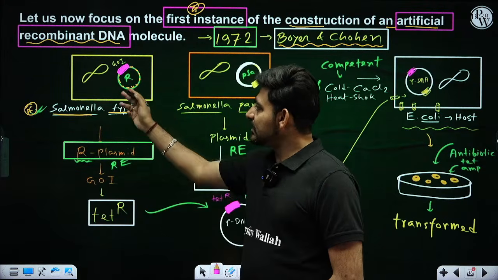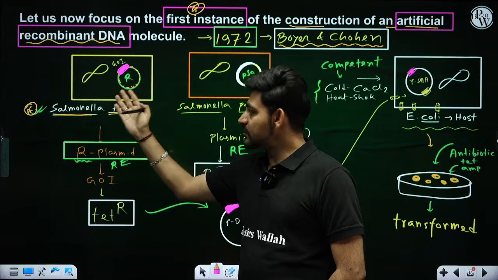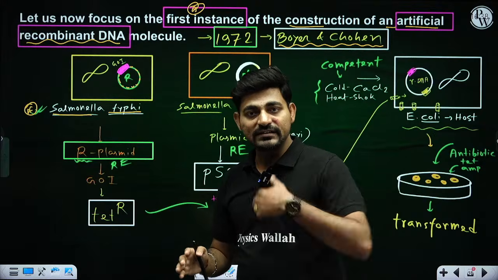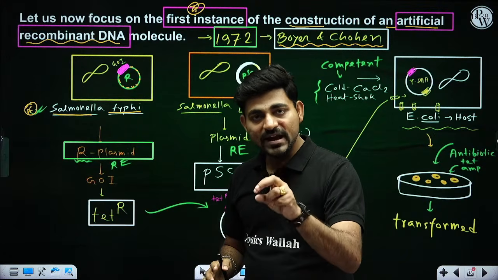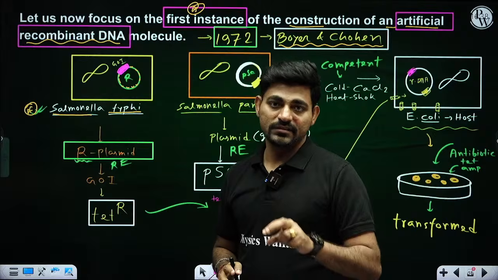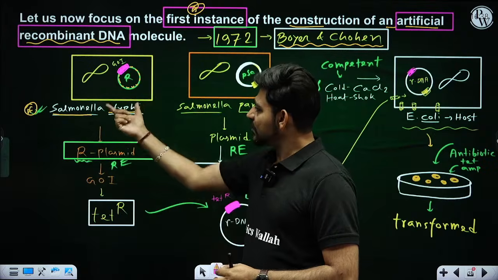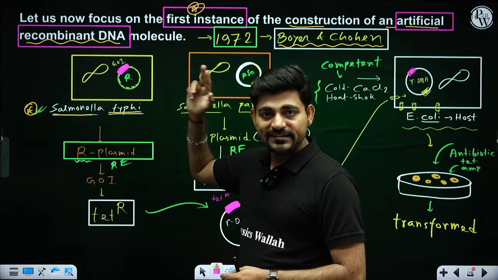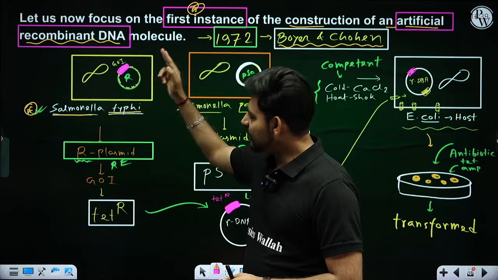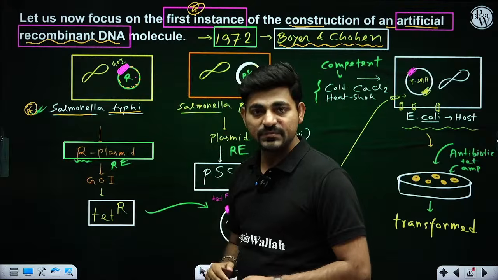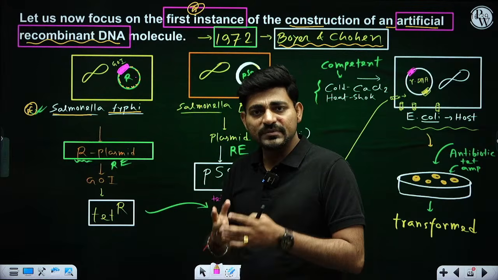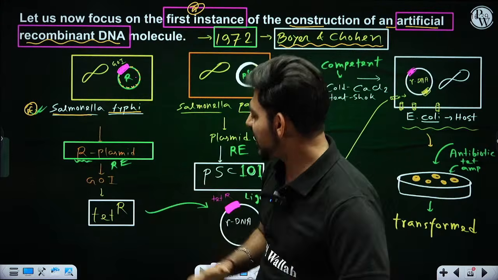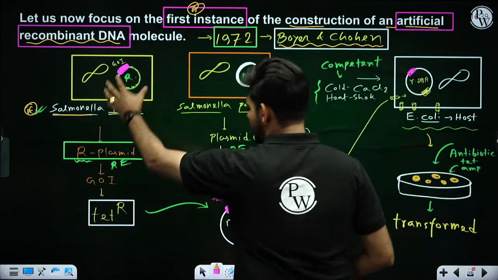Means they are kind of super Salmonella typhi. Normal Salmonella typhi will die if you apply tetracycline on them. But this super Salmonella typhi, because they have this tetracycline resistance gene in their R plasmid, cannot be destroyed with tetracycline. Right. So that was their observation.